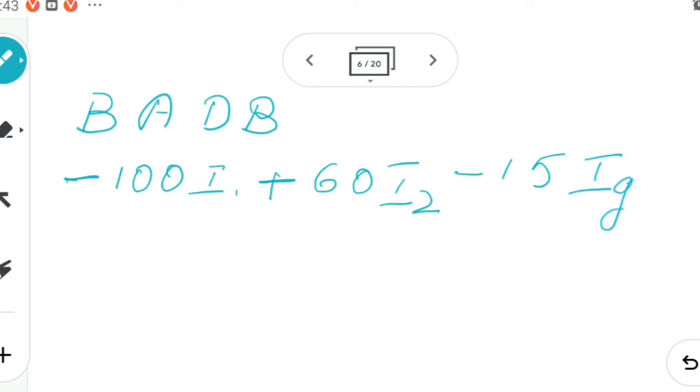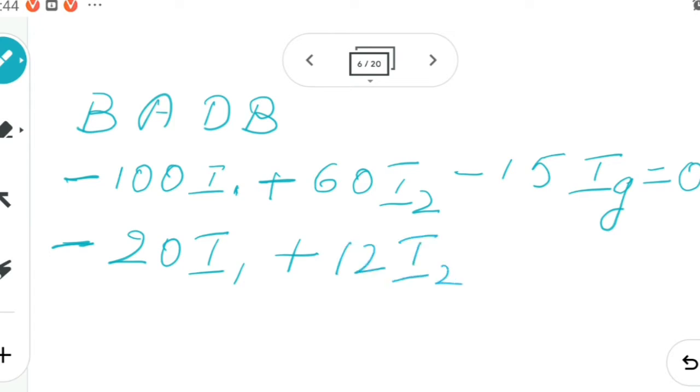Here 15 is the resistance of the galvanometer and Ig is the current through the galvanometer. Simplifying this equation, dividing throughout by 5, we have minus 20 I1 plus 12 I2 minus 3 Ig is equal to 0. Call it equation 1.